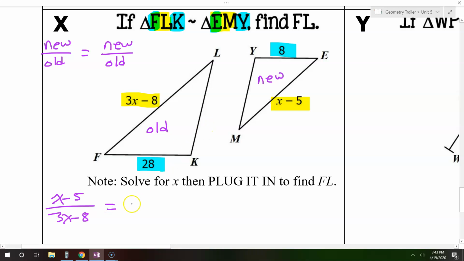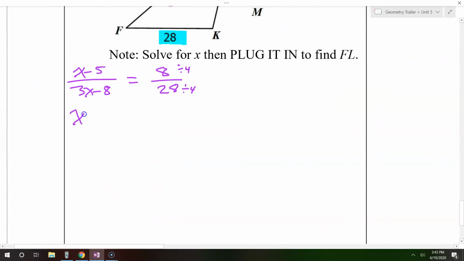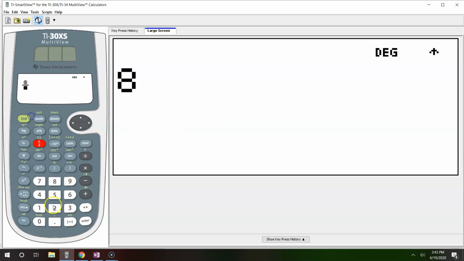If you look at the blues, new over old is 8 over 28. I'm noticing that both of these are divisible by 4. So we should definitely reduce. So we're going to get x minus 5 over 3x minus 8 equals 2 over 7. If you didn't follow that, put 8 over 28 in your calculator.